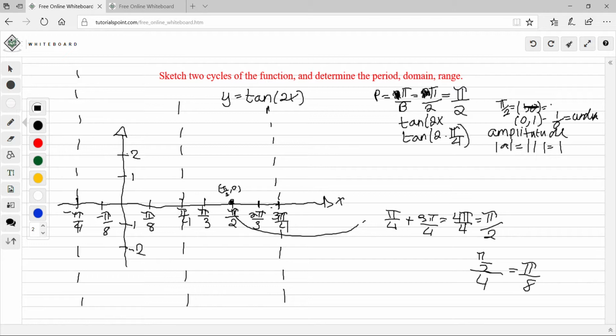When you plug in the value pi thirds, you're going to get a y value of negative root 3, which is about negative 1.7, right?